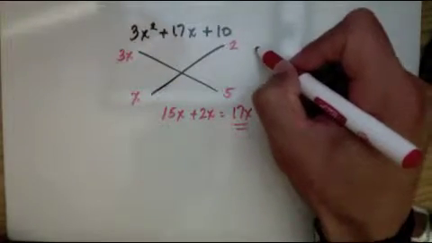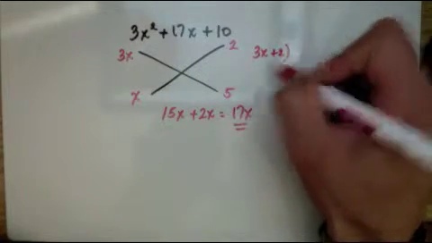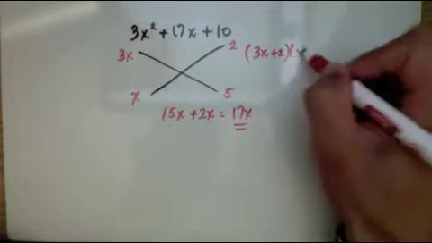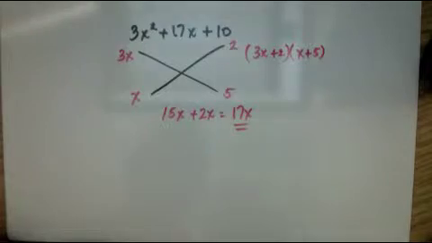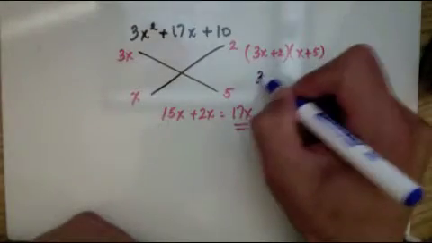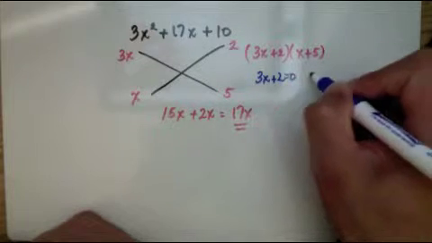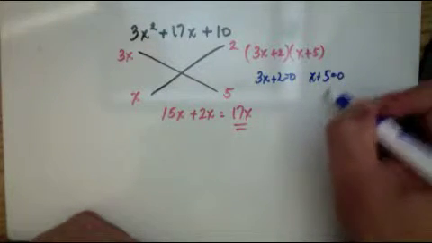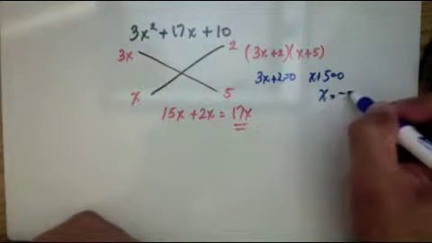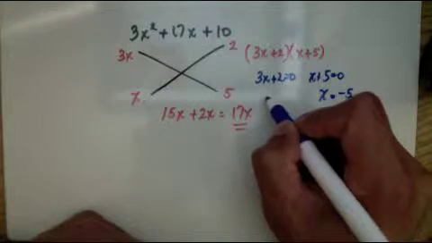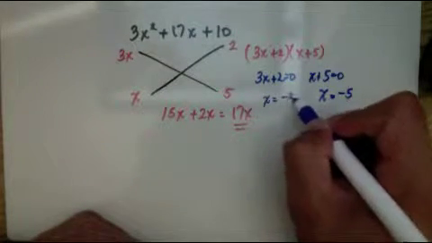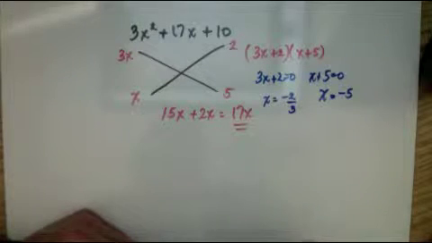So my factors are going to be 3x plus 2 and x plus 5. And if you want to go ahead and find the solutions, make sure you set them equal to 0. You're going to find that x is equal to negative 5, and in this case, x is going to equal negative 2/3.